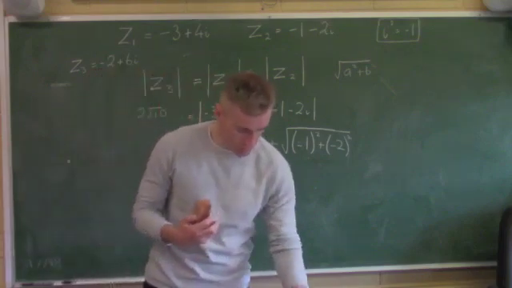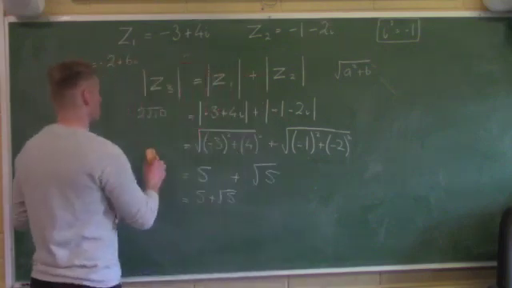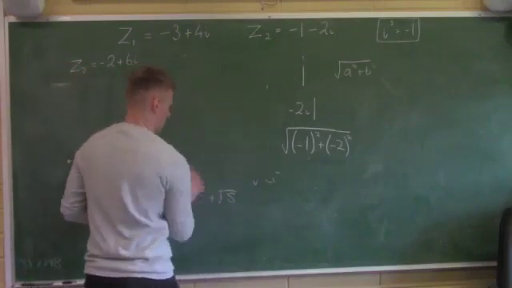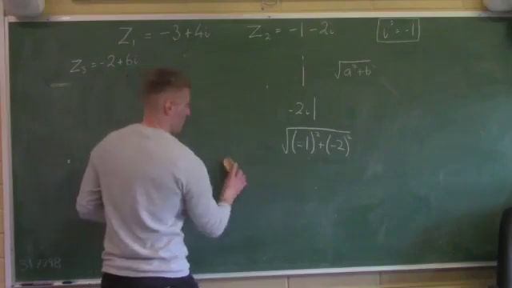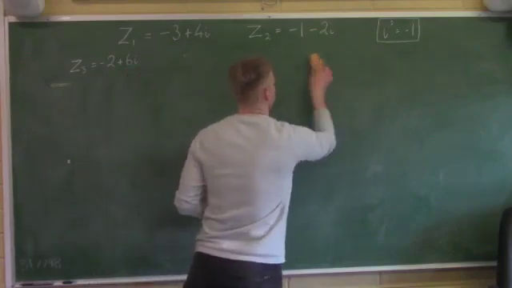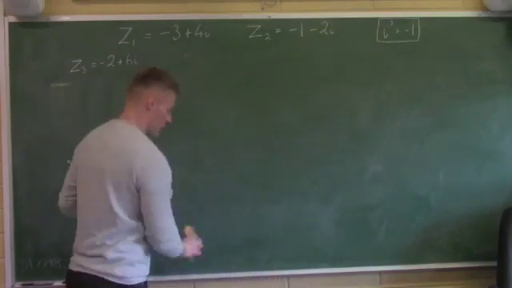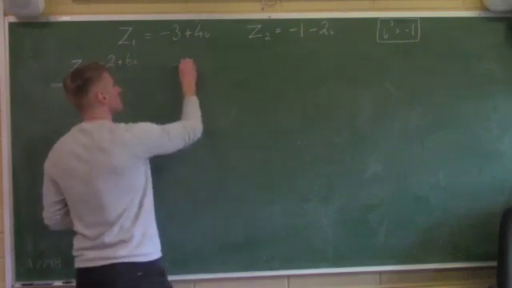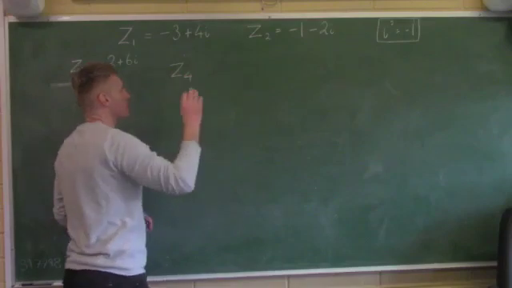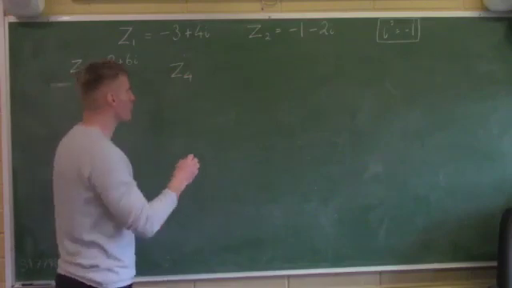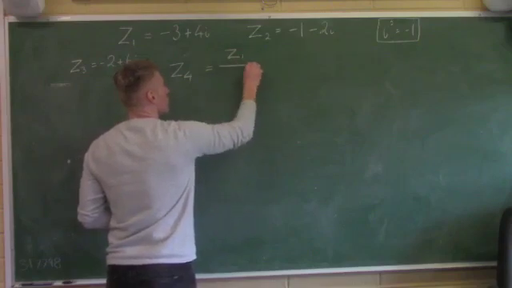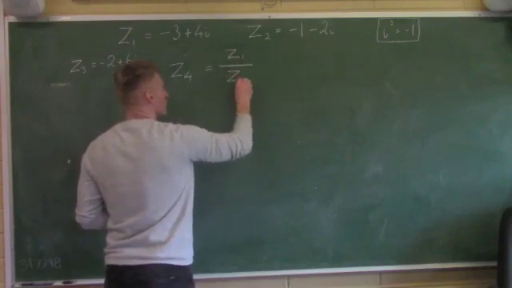Right, so last part of this question, I'm going to rub this out. My final part is to find Z4. And they tell me in the question that Z4 is equal to Z1 over Z2.